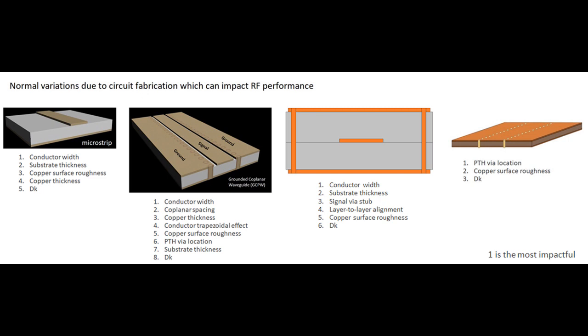Strip line shown to the right, I'm not going to talk about that a lot. Strip line is not used much at millimeter wave. It is some. And I've given a list of different considerations there. And then finally, SIW to the far right actually has a short list of concerns, but the number 1 concern is the plated through-hole via location and the tolerance for that location.